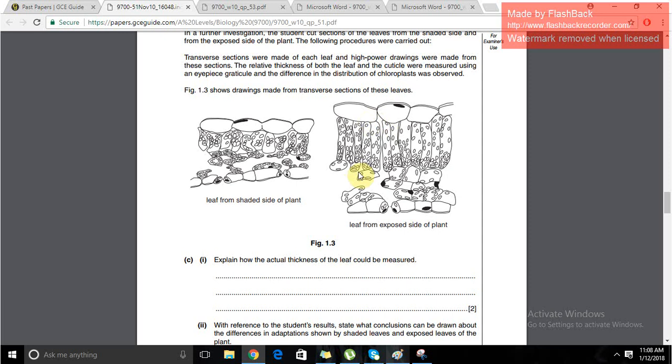They are longer, so to speak, because the light is probably from all of the sides, and we want maximum light, we want maximum surface area to utilize all of that light. And perhaps in the shaded region there isn't all of that light to begin with, and so it's more likely to be concentrated at the center. And then we talk about intracellular spaces. There seem to be fewer intracellular spaces in the exposed side, maybe because we don't really need all of that, or for the sake of all that water loss, maybe.